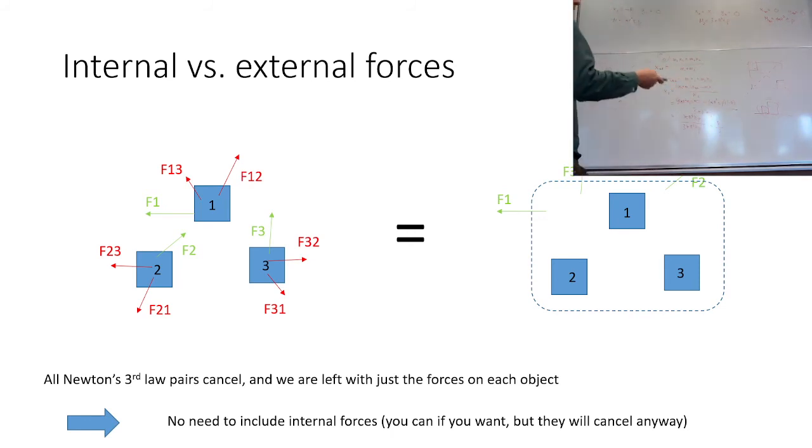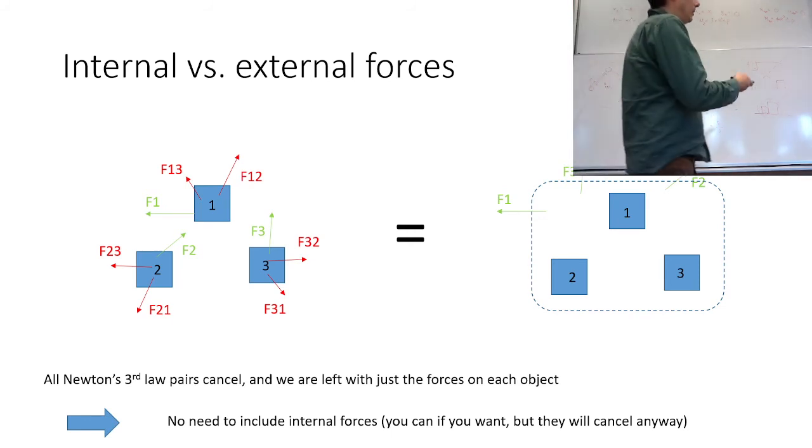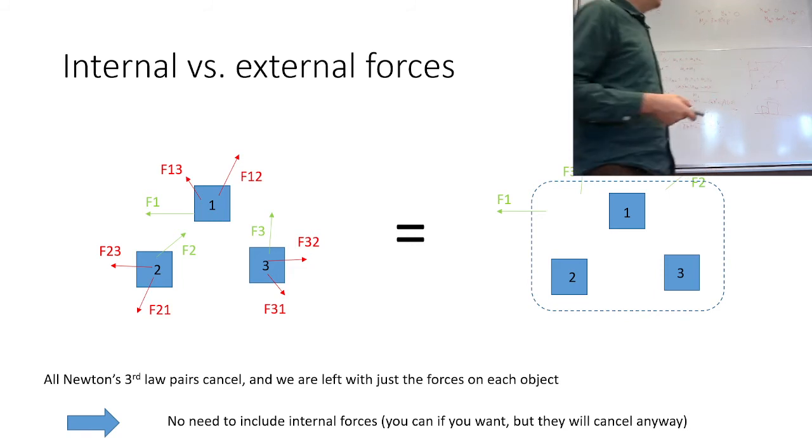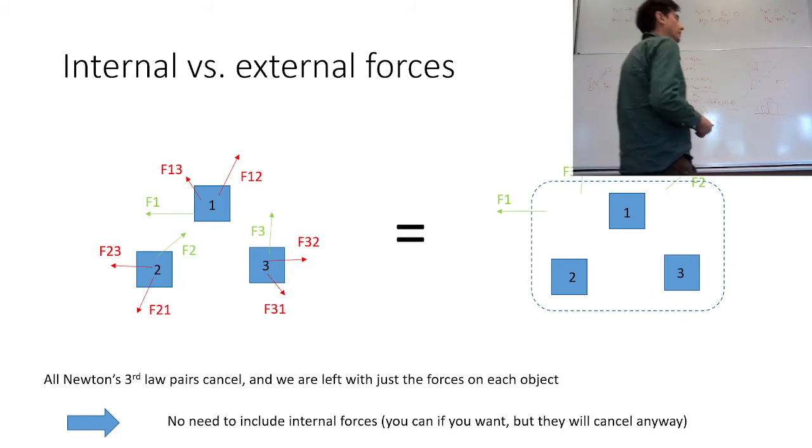So what are all these arrows that I've drawn here? Well, there could be some force on this particle here due to some external force. So some external force acts on this. It could be gravity or some other force.